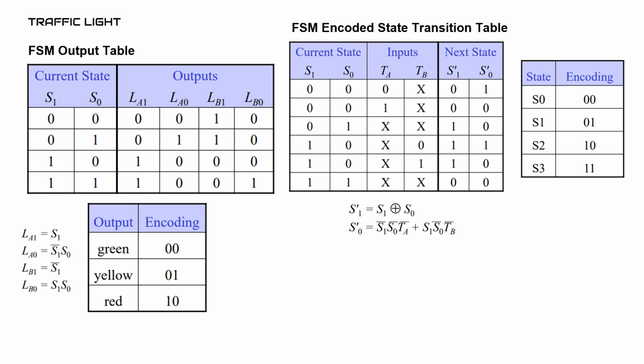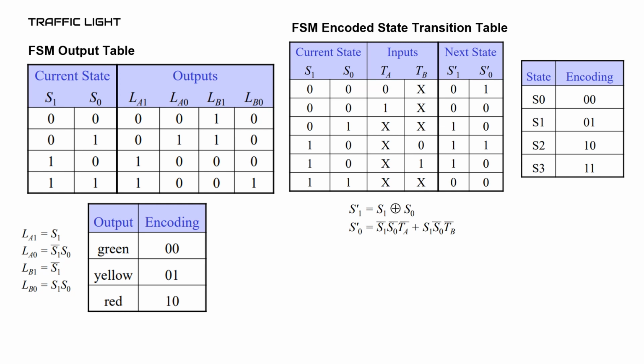After encoding, we draw the table. The first and second columns are the input, the current state and TA TB, and the next state is the output. We separate the current state and next state into S0 and S1, and S0 prime, S1 prime, because we have 2 bits. Now we follow the transition diagram.